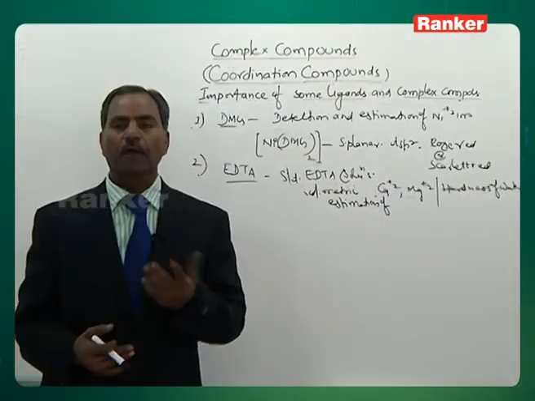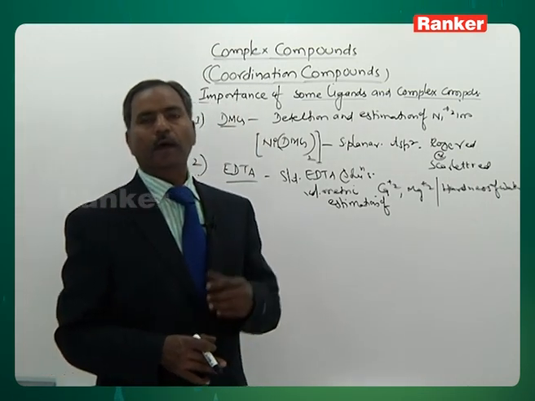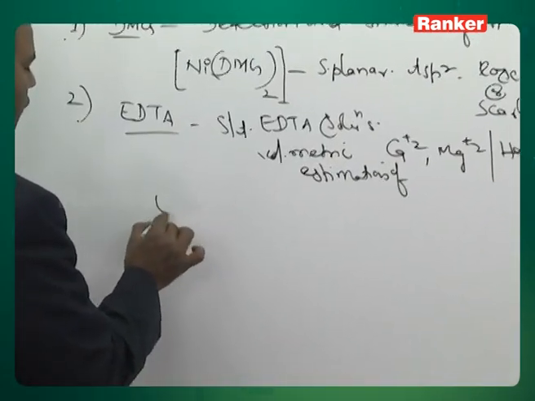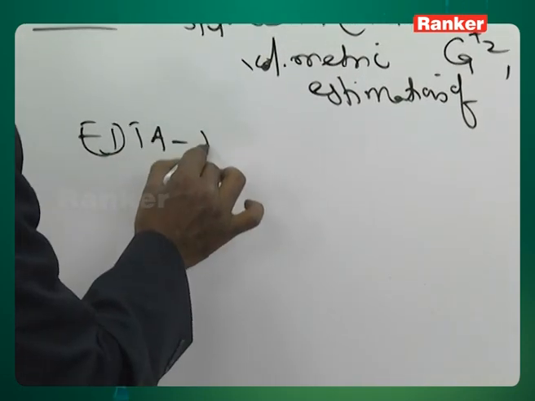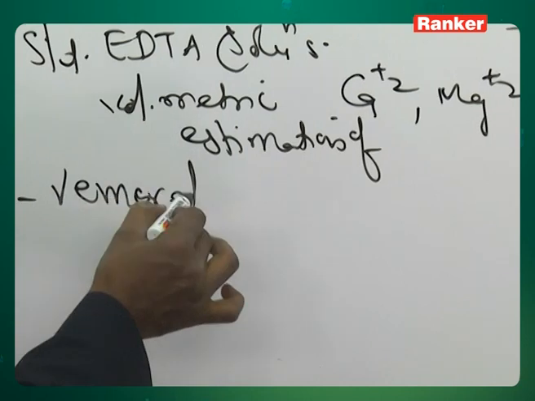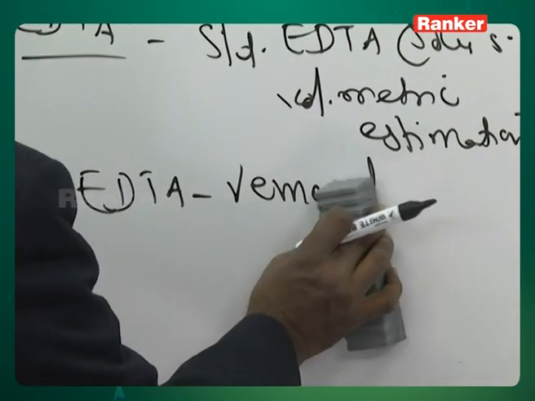You can estimate what amount of calcium plus 2 and magnesium plus 2 ions are there in the hard water. And EDTA is also used in the removal of hardness of water.